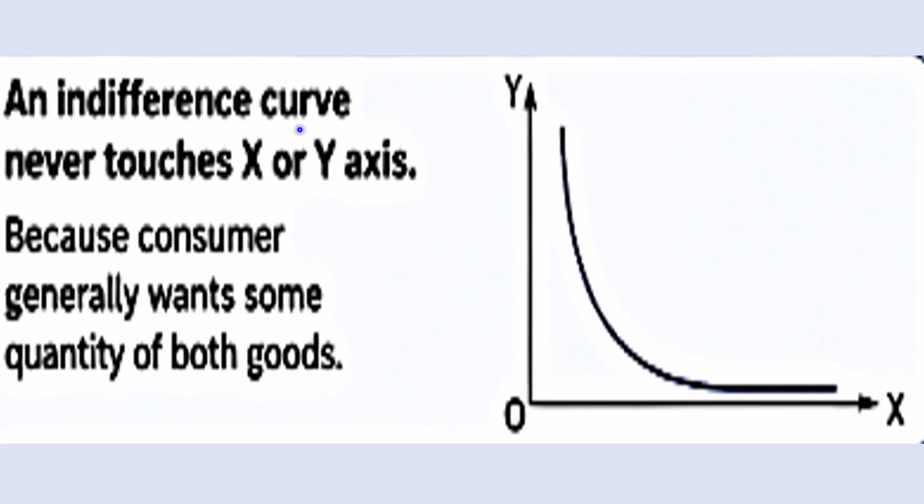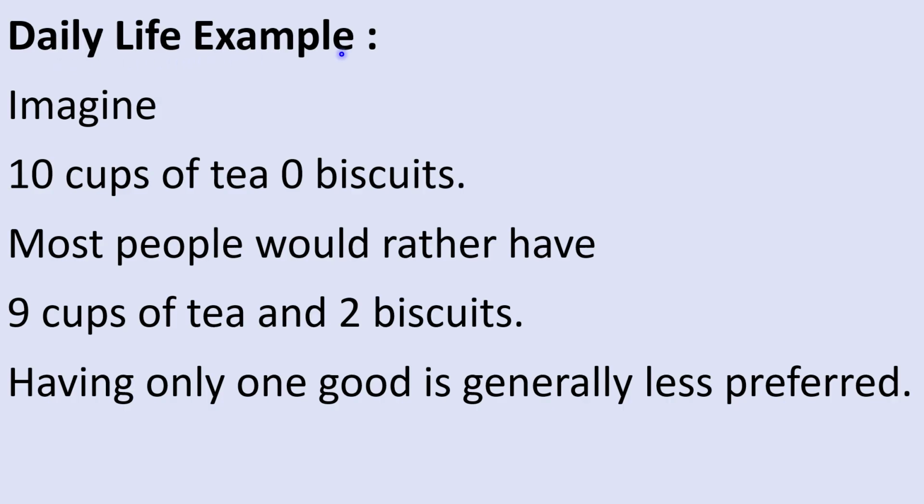An indifference curve never touches the x or y axis because a consumer generally wants some quantity of both goods. Daily life example: imagine 10 cups of tea, 0 biscuits. Most people would rather have 9 cups of tea and 2 biscuits. Having only one good is generally less preferred.